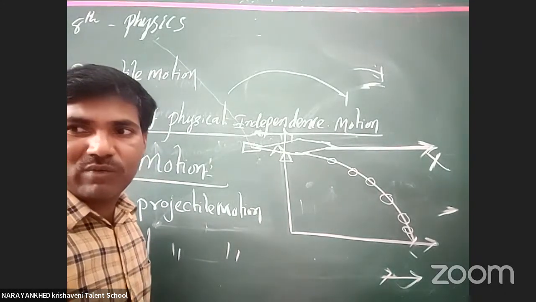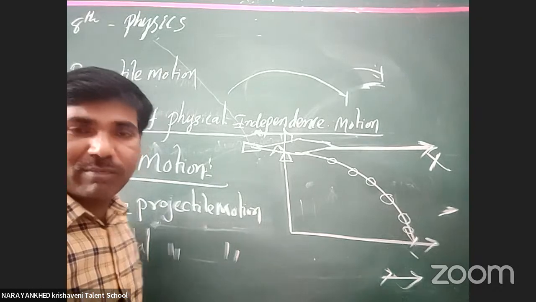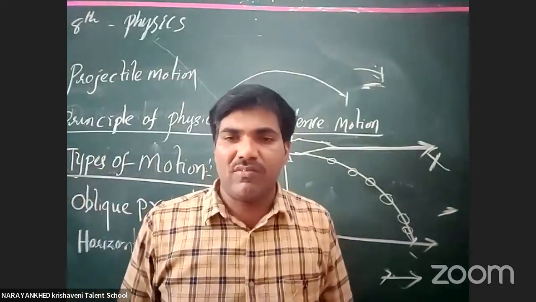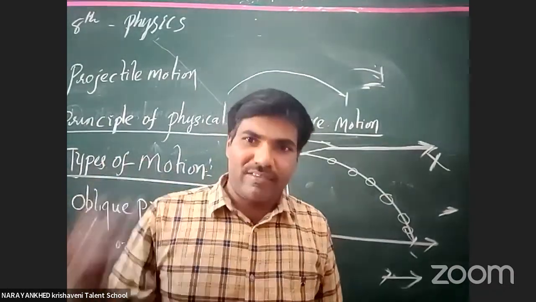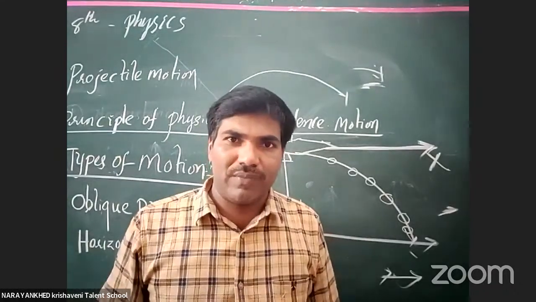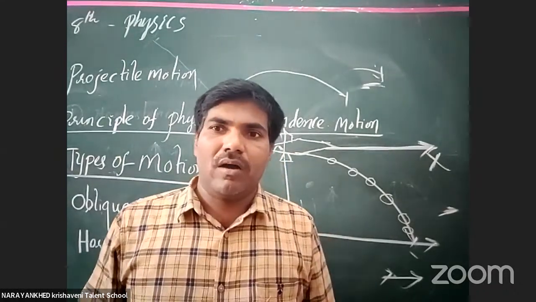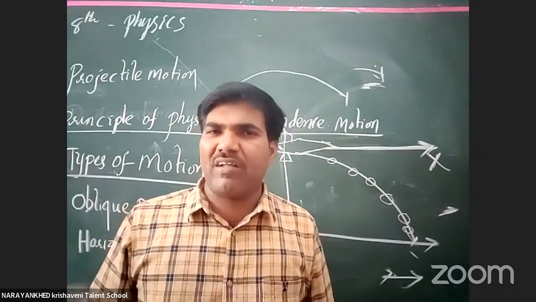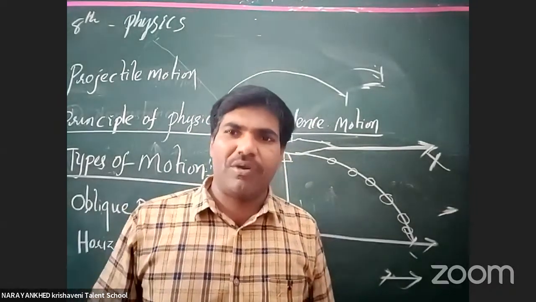That body becomes what? Horizontal projectile motion. Means what? The motion which comes from the horizontal axis or horizontal component is called horizontal projectile motion.